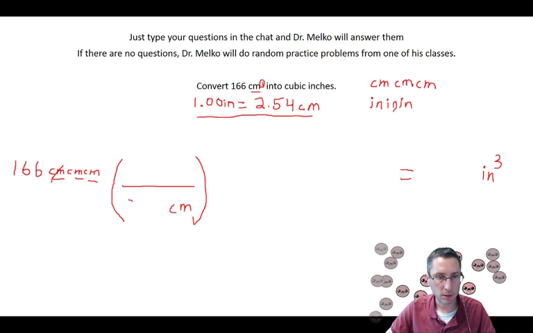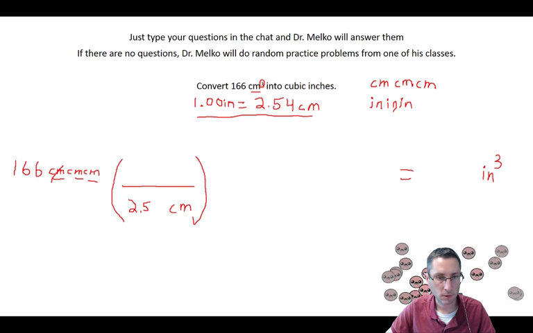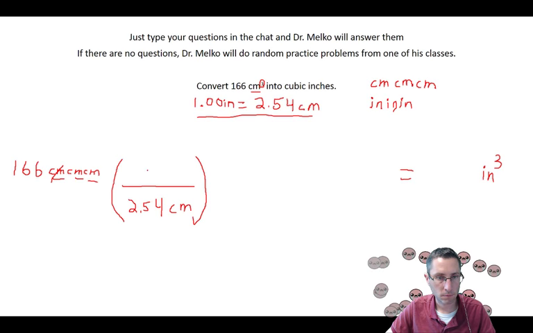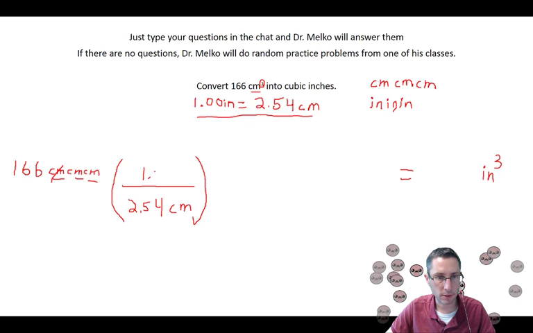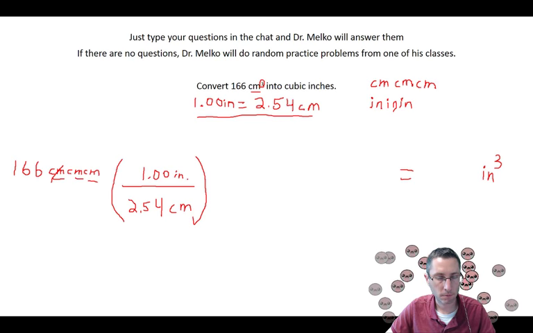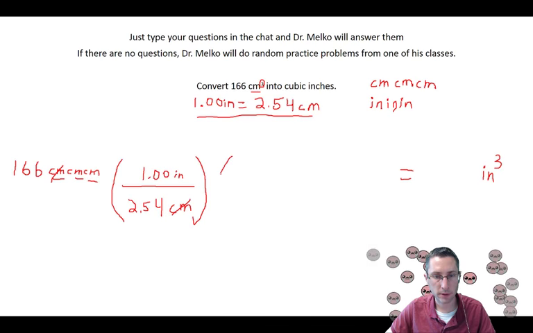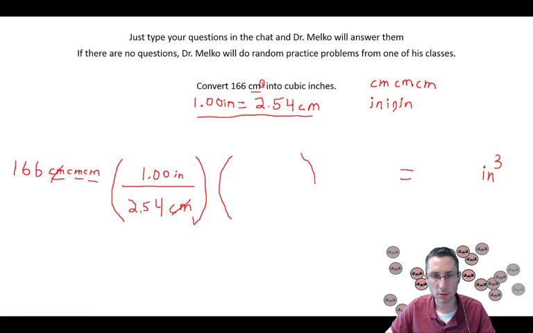My unit equation is 2.54 centimeters and 1.00 inches. That'll get rid of 1 centimeter, but I still need to get rid of 2 more centimeters, okay? So I need to do this 2 more times.